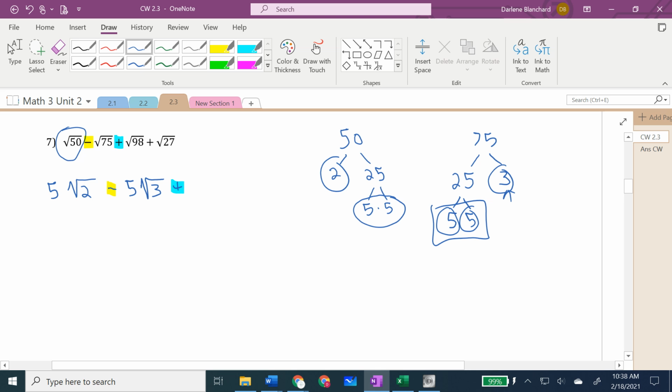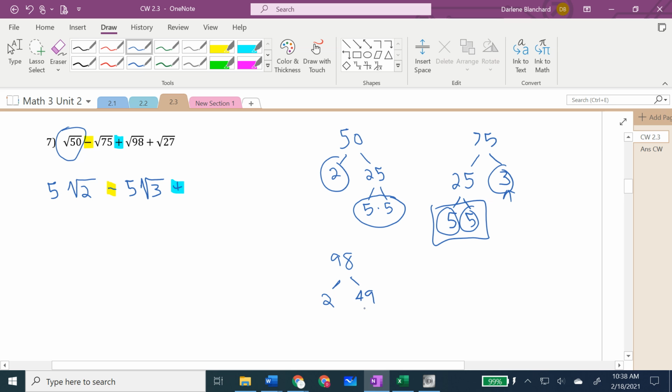And now we're going to break down 98. And anything that comes to mind that you know divides 98, use it. It's even, so I'll divide it by 2. You can use a calculator. That's going to wind up being 49. Maybe you recognize 49.